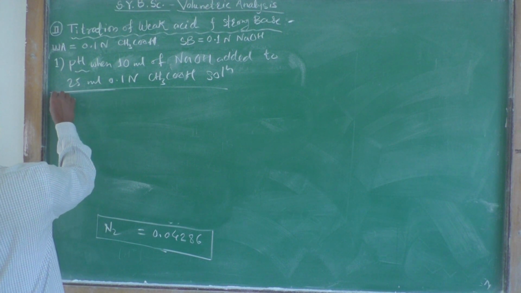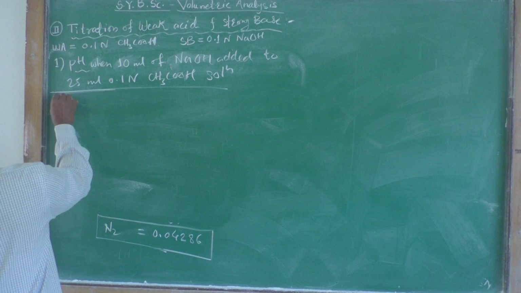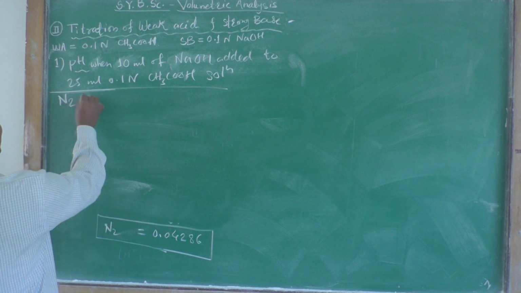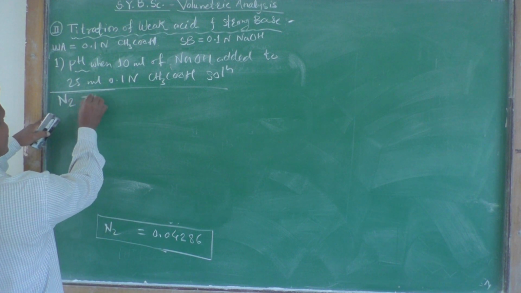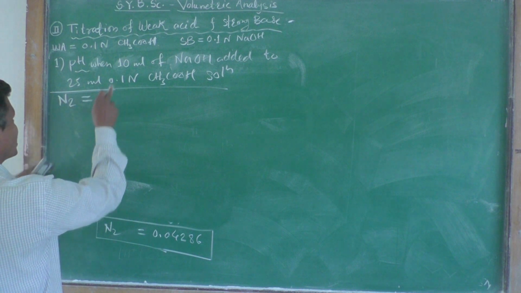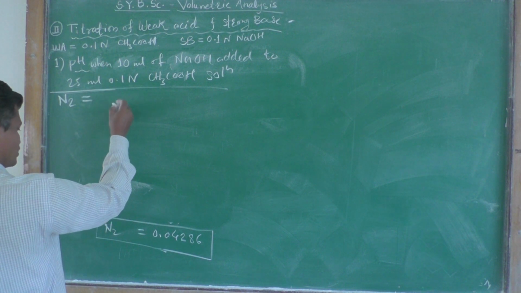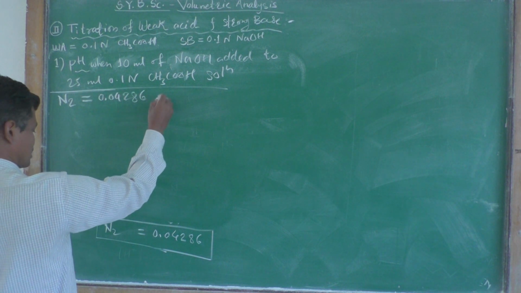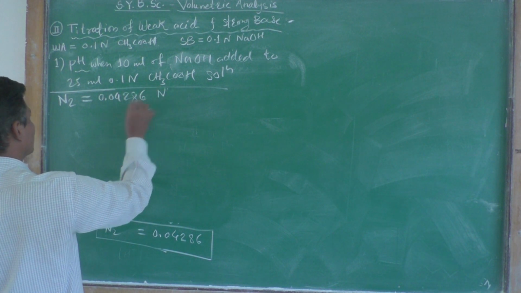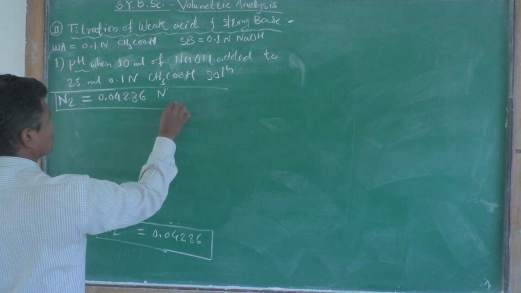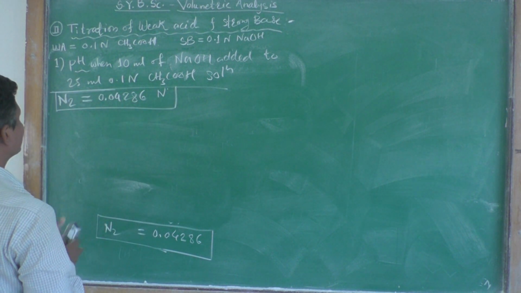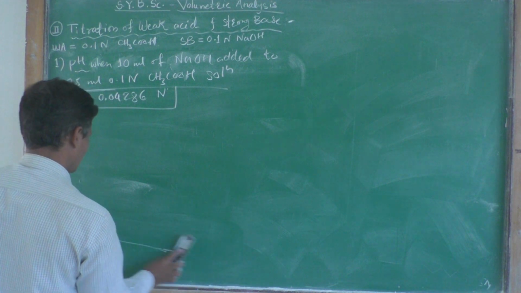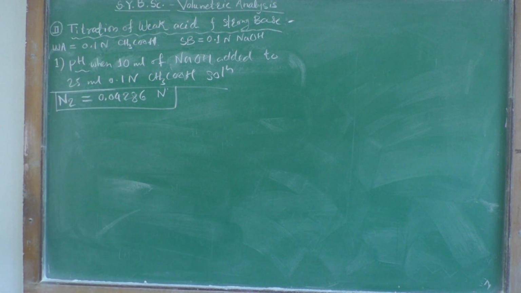Remember this value, N2, this is not nitrogen, N2 is the normality or concentration of acetic acid after adding 10 ml of NaOH. So it is 0.0426 molar or normal, let us say. We are calculating the pH of the solution when 10 ml of NaOH is added.